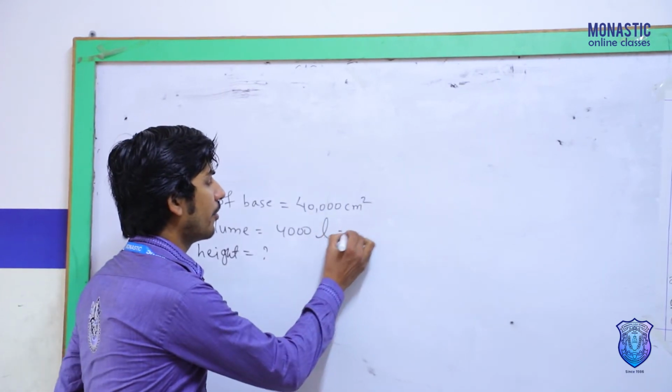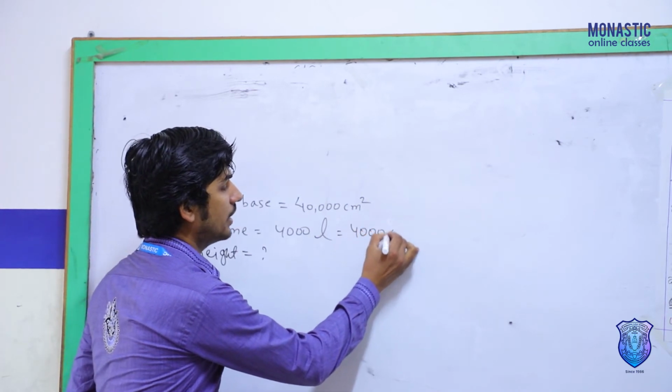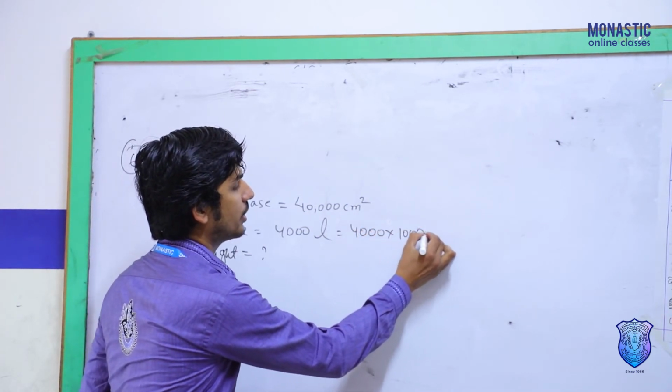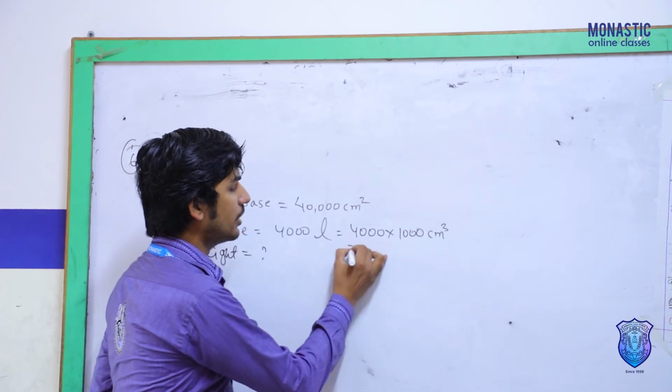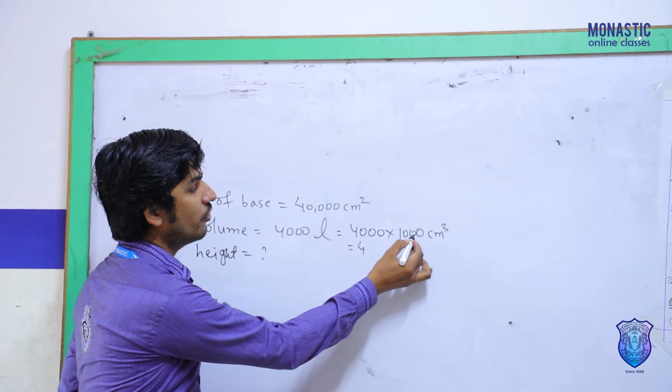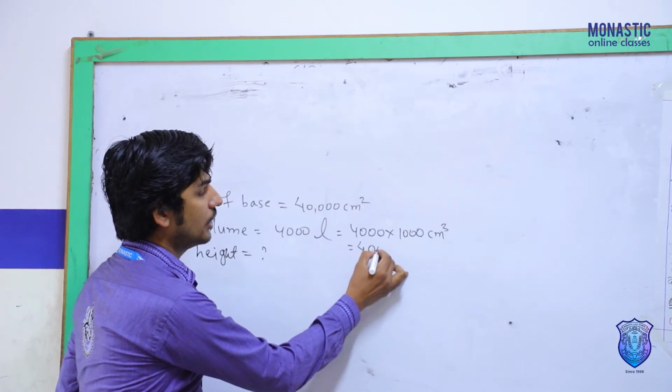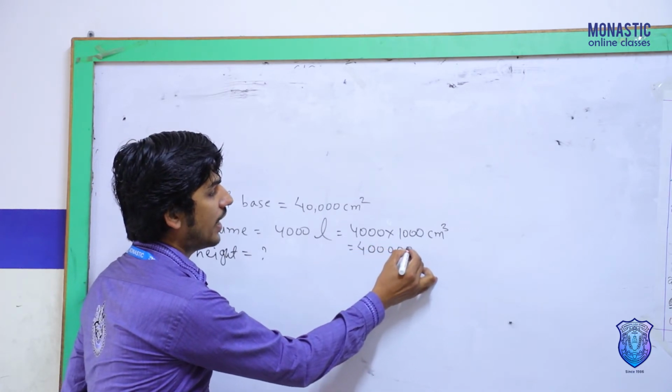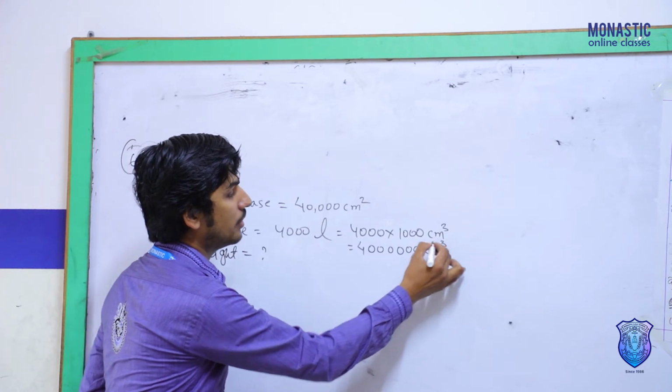Take here, 4,000 into 1,000. How much comes? 4,000,000 cubic centimeter.